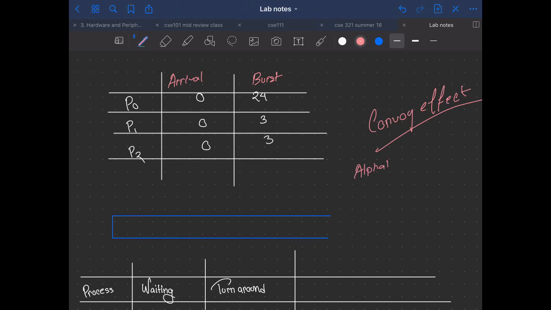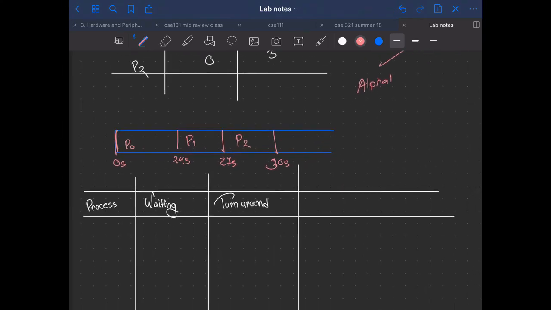So P0 would start at the 0th second and work for 24 seconds because this is a non-preemptive algorithm. Then we have P1, which would work for 3 seconds, so that would be 27 seconds. And then we have P2, which would also work for 3 seconds, so this would give us 30 seconds.